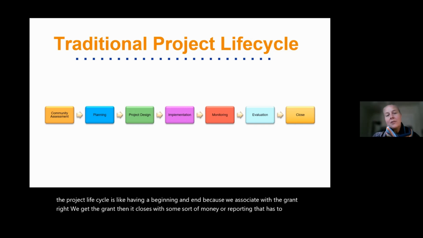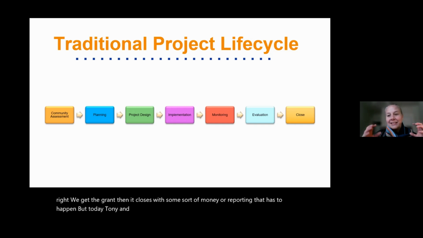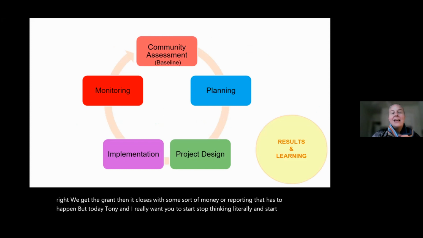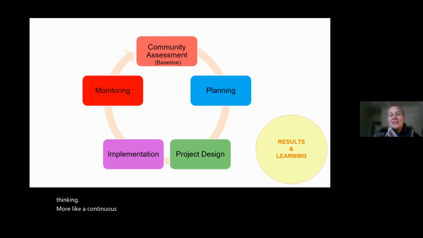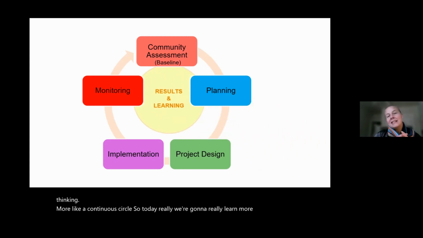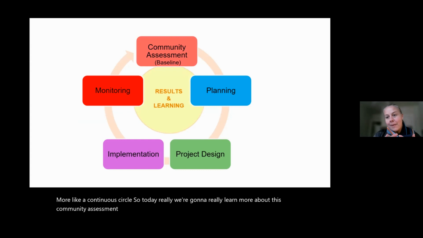But today, Tony and I want you to stop thinking linearly and start thinking more like a continuous circle. Today we're going to learn more about this community assessment and how it's part of the monitoring that we do throughout a project life cycle.